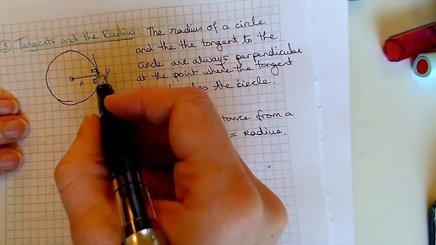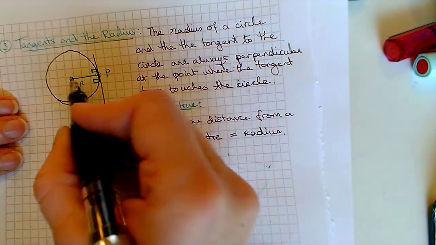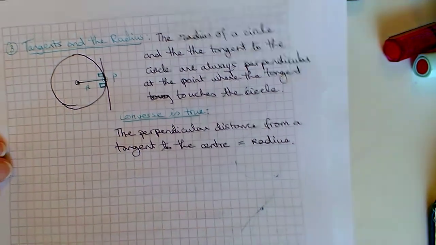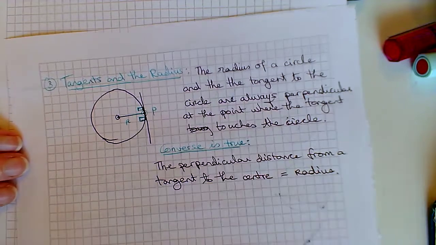So if I make a perpendicular line from my tangent to the centre, that will always be the radius, has to be. Okay, so how do we use these then?